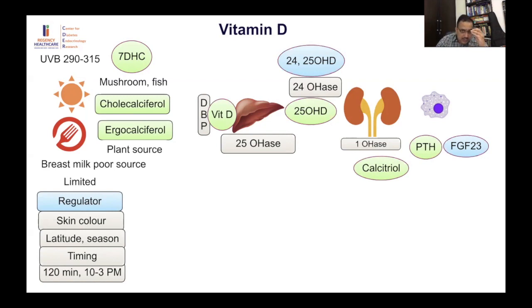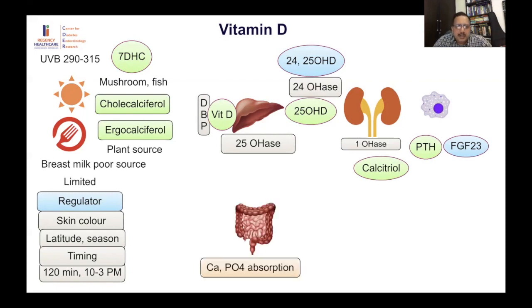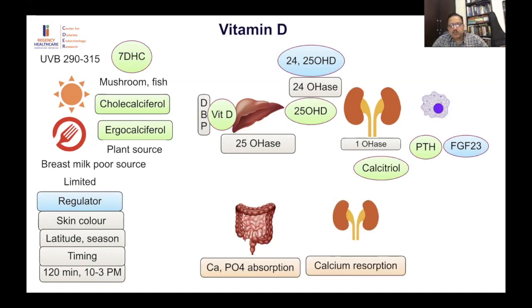So therefore, any child who is on anti-epileptic drugs should be given regular supplementation of calcium and high doses of vitamin D. Vitamin D, as discussed, plays a very important role in absorption of both calcium and phosphorus. It also plays a role, along with PTH, in the distal absorption of calcium, and a mild role in bone formation.